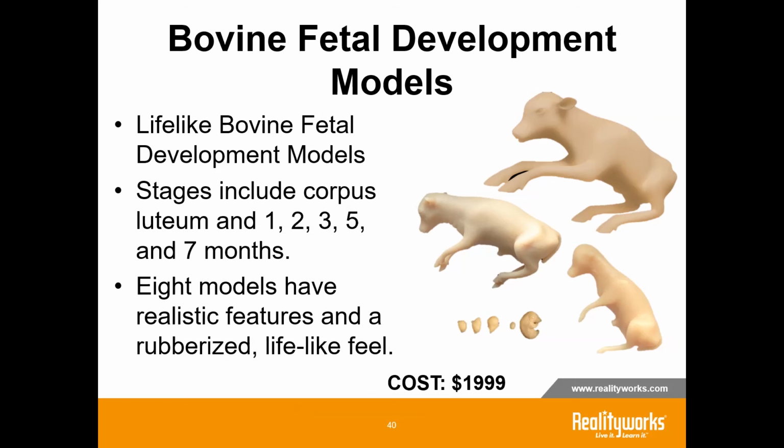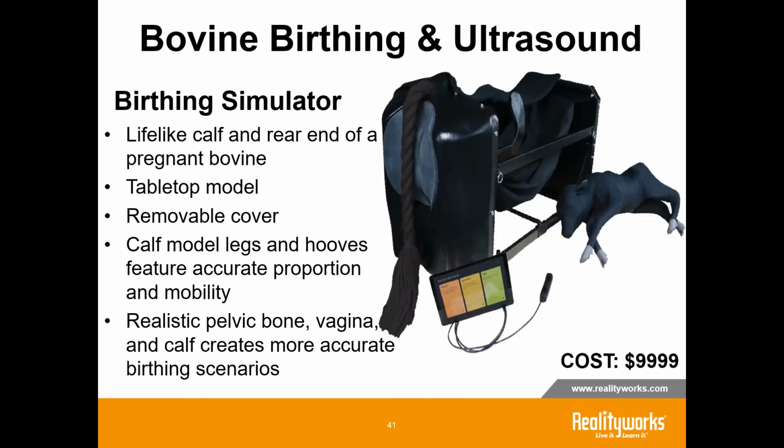These are rubberized life-size models, 8 different models focusing on the different stages of bovine fetal development, allowing you to show and interact with every single fetal development stage for your students to understand what the stage is, what's happening to that animal during that stage, and what you can do to prepare the pregnant cow, on what it needs to be doing when that fetus is in that stage.